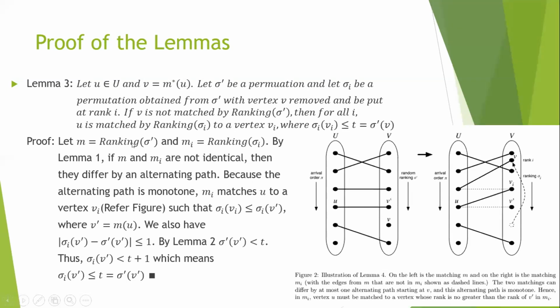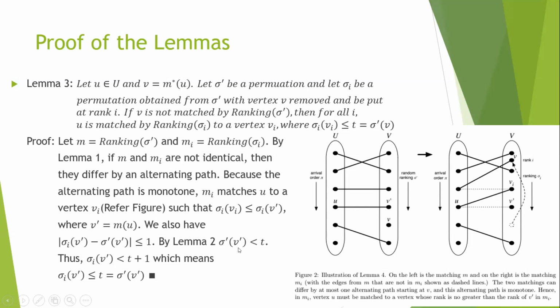Proof. Let M be the ranking sigma prime and let Mi be the ranking sigma I. By lemma 1, if M and Mi are not identical, then they differ by an alternating path. Because the alternating path is monotone, Mi matches U to a vertex Vi, such that the rank of Vi in sigma I is smaller than or equal to the rank of V prime in sigma I, where V prime is matched to U in ranking M. We also have that the absolute value of the difference of Vi in sigma I and V prime in sigma prime is smaller than or equal to 1.